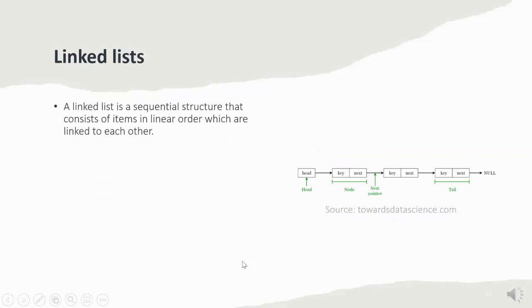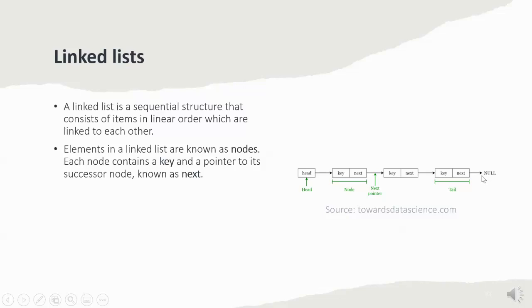A linked list is a sequential structure that consists of items in linear order which are linked to each other. Elements in a linked list are known as nodes. Each node contains a key and a pointer to its successor node, known as next.